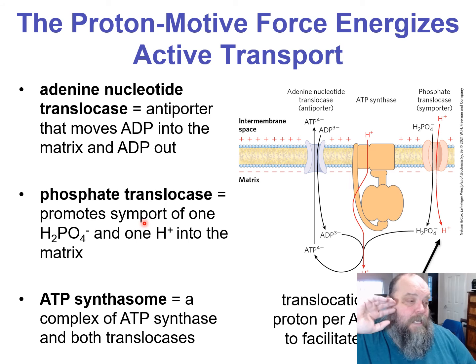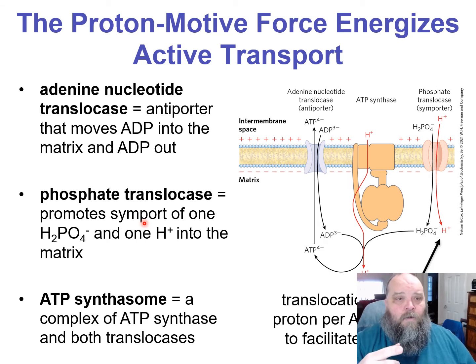Remember, a lot of this ATP is being used throughout the cell. This isn't like the chloroplast, where the ATP generated via photosynthesis is just going to be used there for the Calvin cycle. No, the ATPs generated in a mitochondria are used everywhere in the cell.